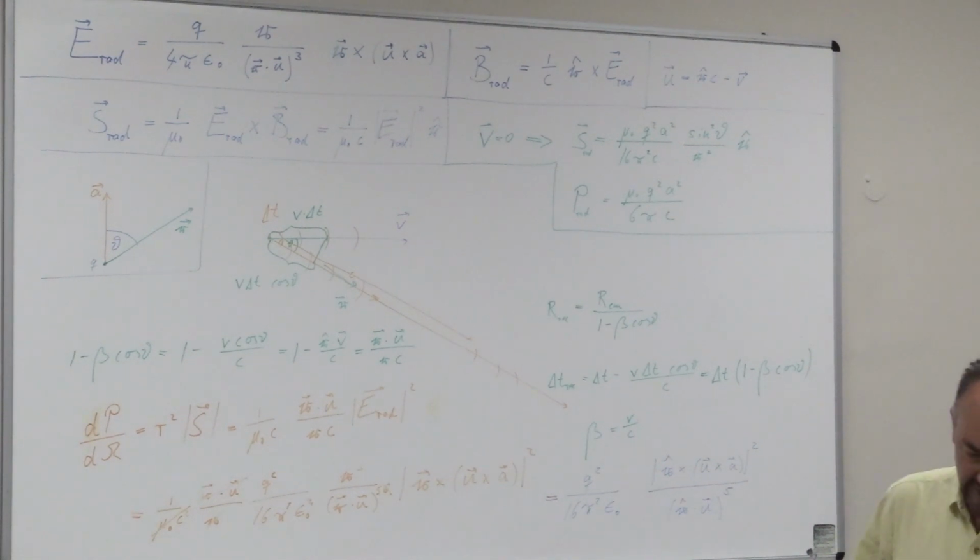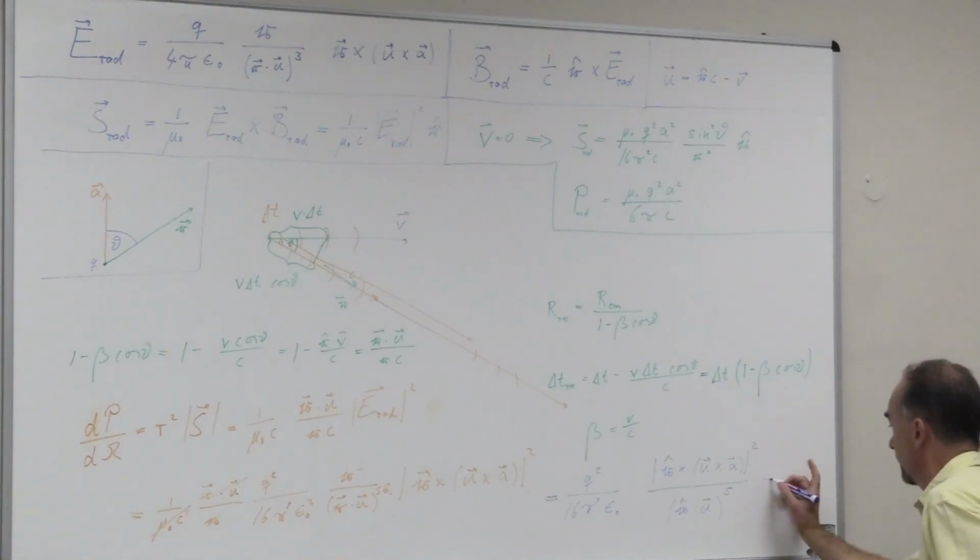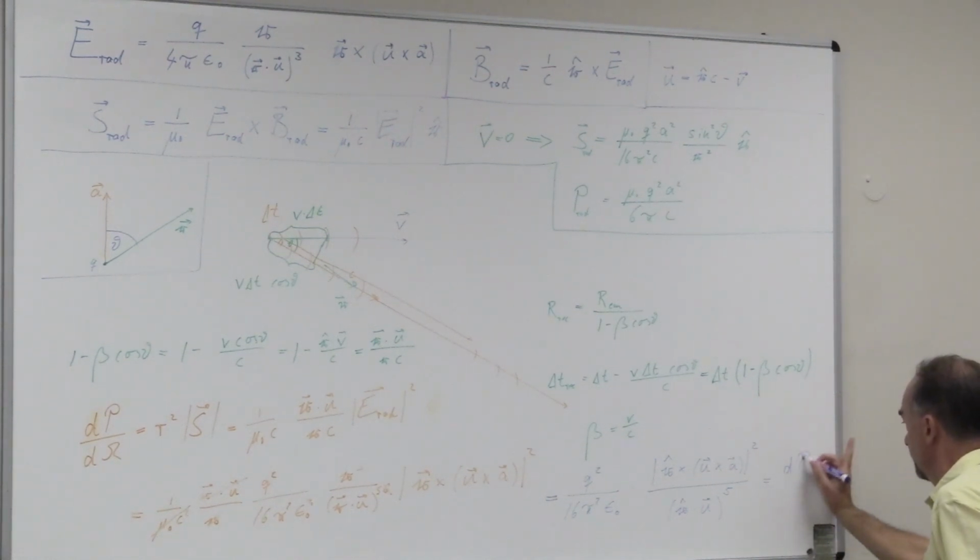Okay, so that looks not too nice, but we'll breathe some life into that with 2 special cases so we can see what that actually means. So this is our radiative power per solid angle.